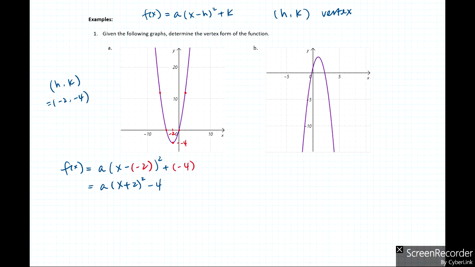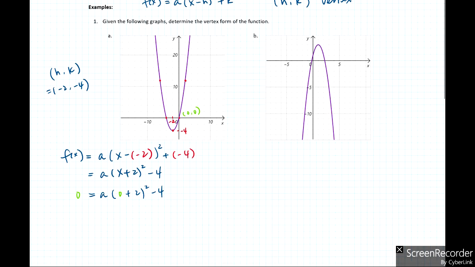For easier color coding, I'm going to use green for these 2 coordinates to be plugged in. When x is equal to 0, I plug 0 into (x plus 2) squared minus 4, and y is also equal to 0. So f of x is also equal to 0.